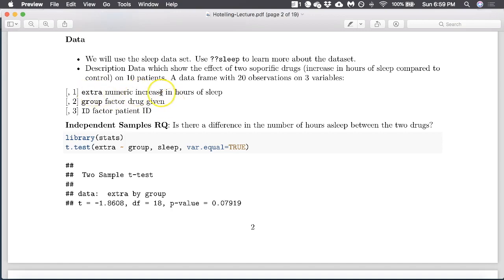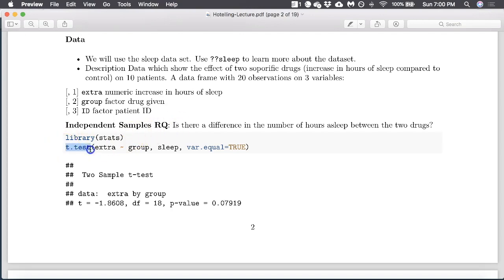So extra is the numeric increase in hours of sleep. Group is which group they belong to, which drug they gave to the people, and then ID is just the participant ID. The research question would be, is there a different number of hours between the 2 drugs? If you work for a pharmaceutical company, you probably want the one that makes people sleep longer.